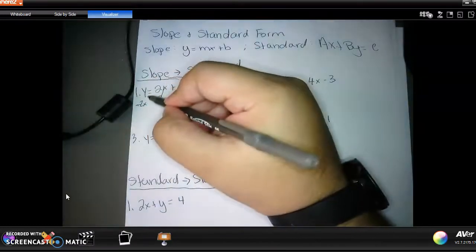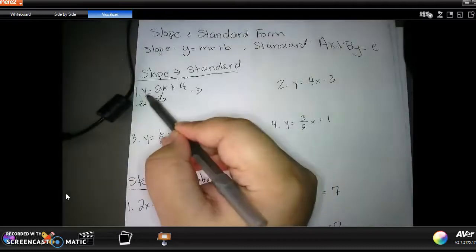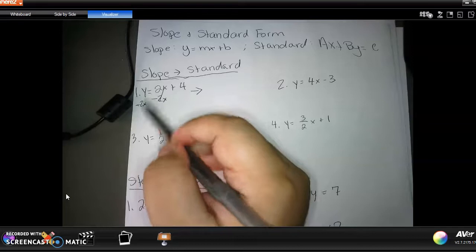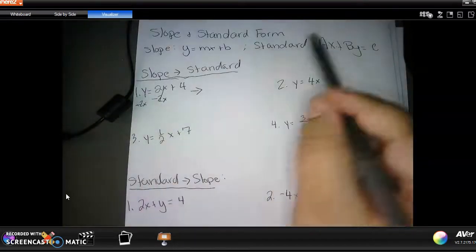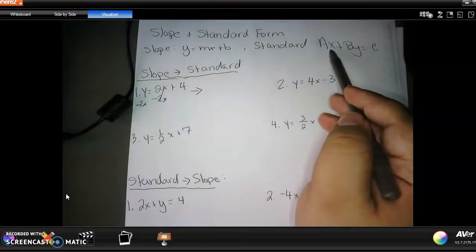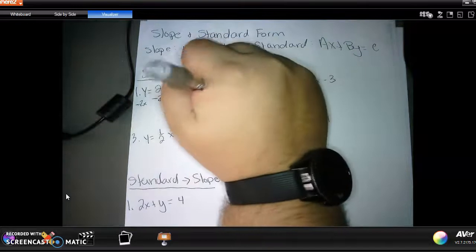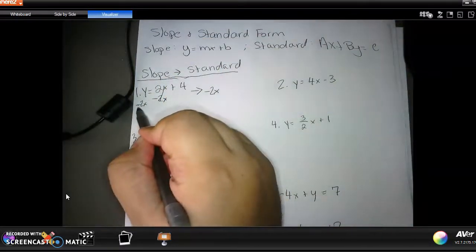So, if we look over here, y and 2x, well, they both don't have an x and they both don't have a y, right? Y is a different letter than x. Therefore, you cannot subtract these two. So you just have to write them together. Well, I know that ax is going to come first. So I'm going to take negative 2x and put it first. And it's negative because we subtracted.